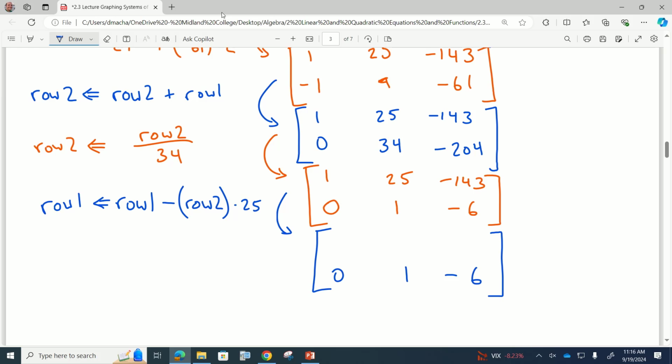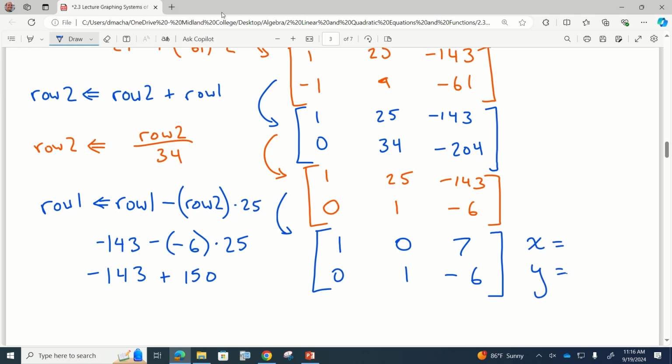So 1 minus 0 times 25 is 1 minus 0. 25 minus 1 times 25 is 25 minus 25. And then the last thing you might want to write down, because it's a little bit trickier, and you might want to plug this into your calculator and really think about it, just to make sure we don't make any mistakes. This would be negative 143 plus 150. So it's 7.